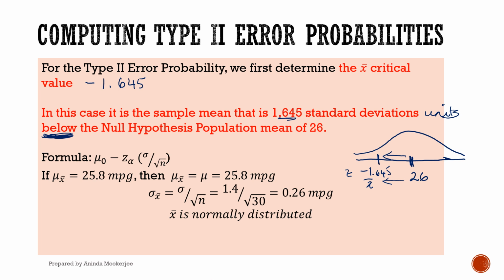Now the formula to use is mu sub 0 minus Z of alpha times sigma divided by square root of n. So minus because it's a left tail test. Whenever it's a left tail test, our Z value was negative 1.645, so that's why it's negative Z of alpha. And plug in the values, and that is how we get our X bar value.